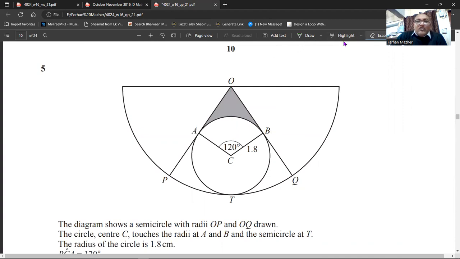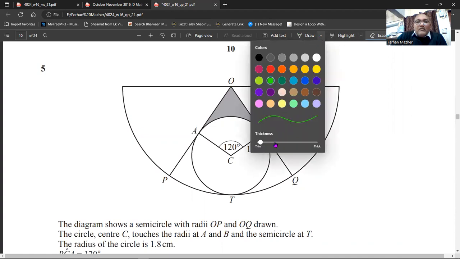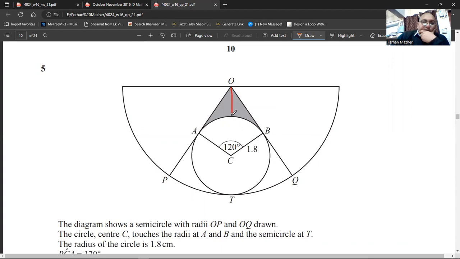Okay, so I will draw a line here. Okay, this angle will become 60.